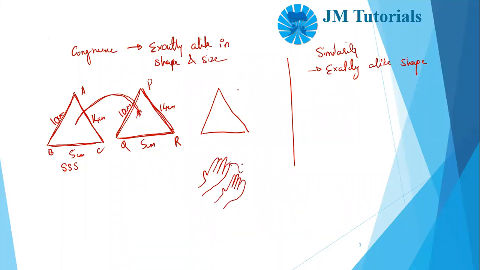If you keep it in such a way, then both of them overlap. That means they are exactly alike. That is the meaning of congruence. So congruence means exactly alike in shape as well as size. I can also say overlapping.